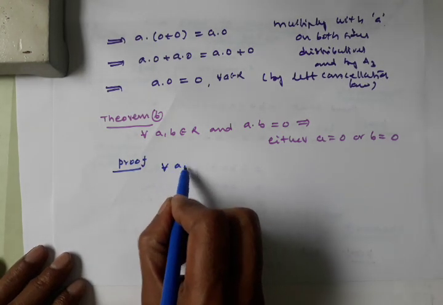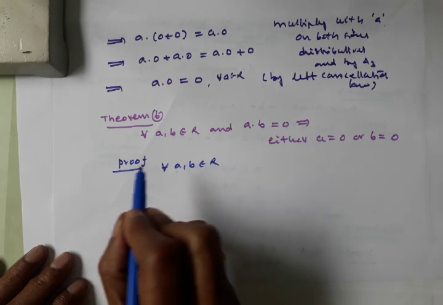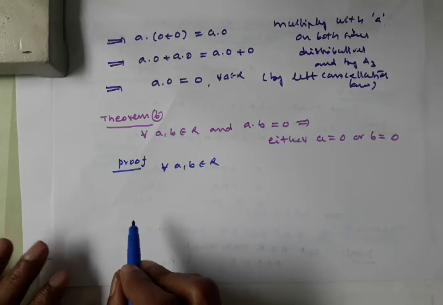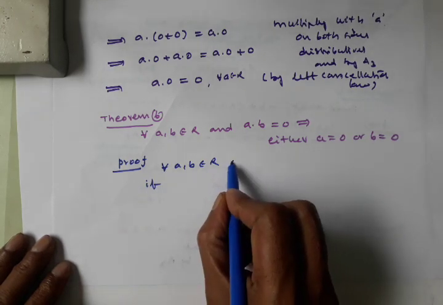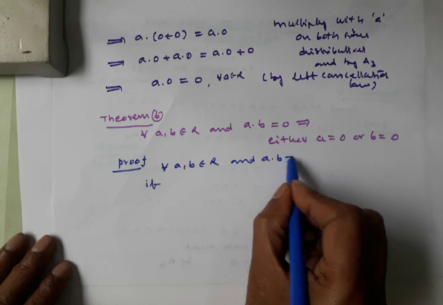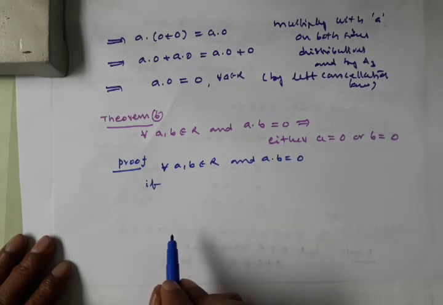For all a, b belongs to R, and a into b is equal to 0, that also we are taking.